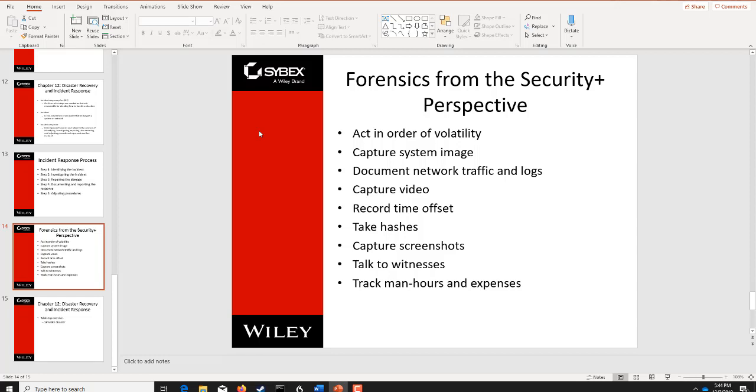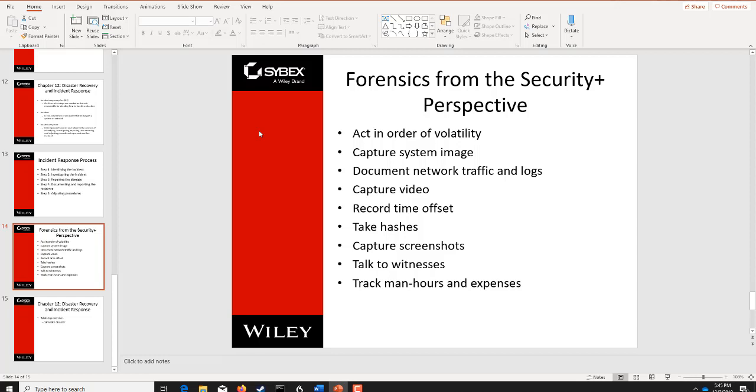Capturing system images, documenting network traffic and logs, securing those logs, capturing any video off of a CCTV, taking hashes of passwords and data, any artifacts that are found, recording any time offsets if you don't have, say, Network Time Protocol running globally, capturing screenshots, talking to witnesses, and tracking man hours and expenses, which of course you need to do because this is a cost burden exercise for any organization.